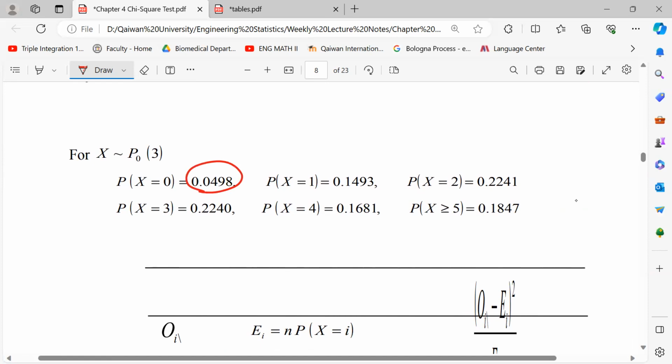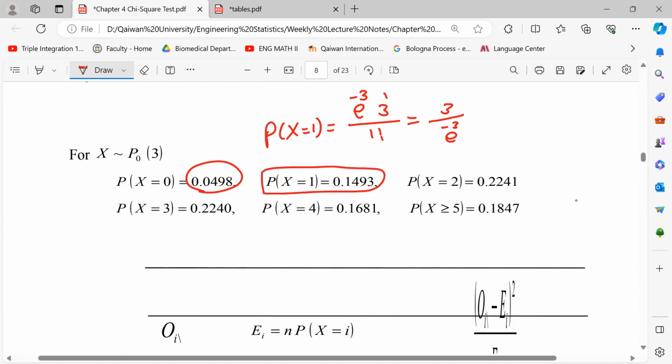How about probability of 1? Probability of capital X to be 1 is equal to e to the power minus 3, lambda is always 3, times 3 to the power 1, dividing by 1 factorial. 1 factorial is 1, the denominator is 1, and it is 3 over e to the power 3. This is the value.